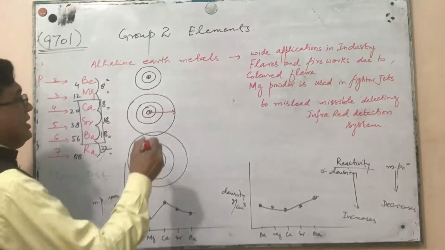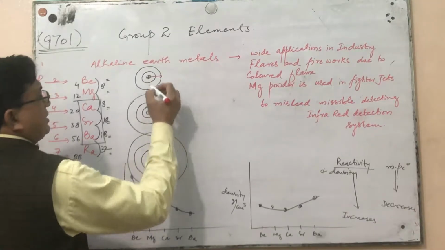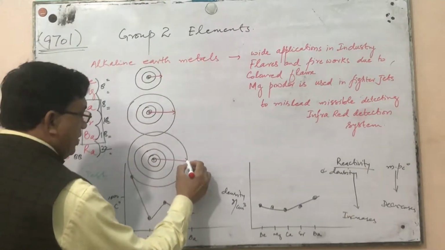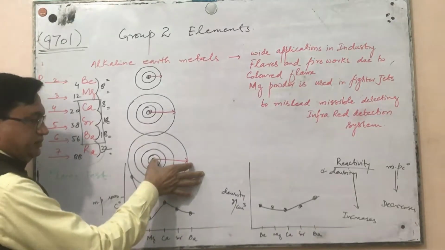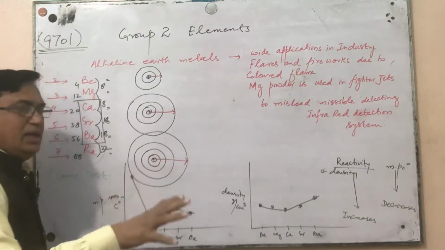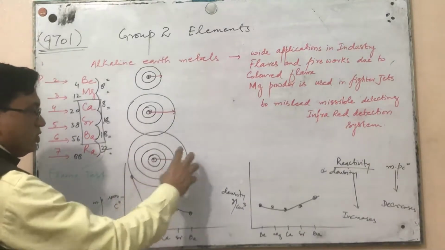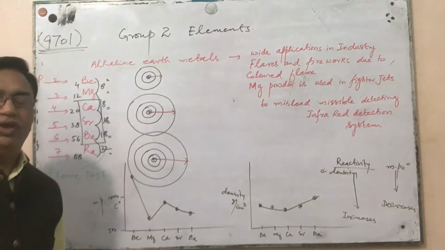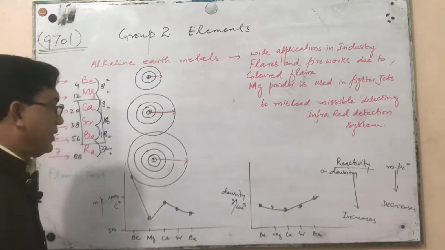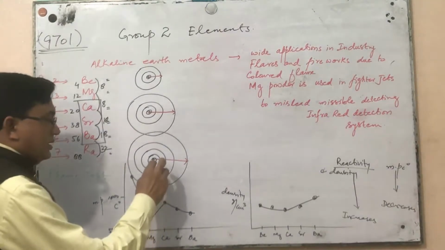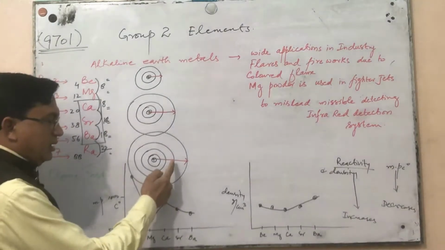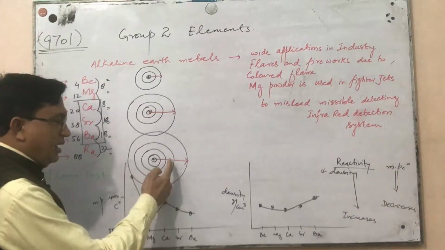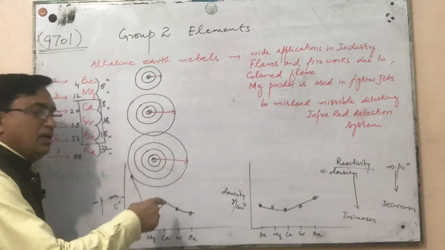Whenever this distance from the nucleus to the last shell electrons increases, automatically the hold of the nucleus on the outermost shell electron becomes weak, and this weakness is also increased by the electrons present in underlying shells.